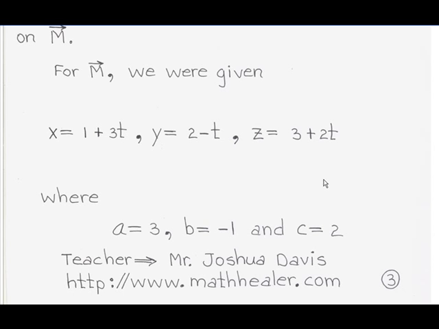And you can go back and take a look at the theorem in order to identify what A, B, and C are and where they fall in place in the general parametric equations. So again, we had the values A is equal to 3, B is equal to -1, and C is equal to 2.